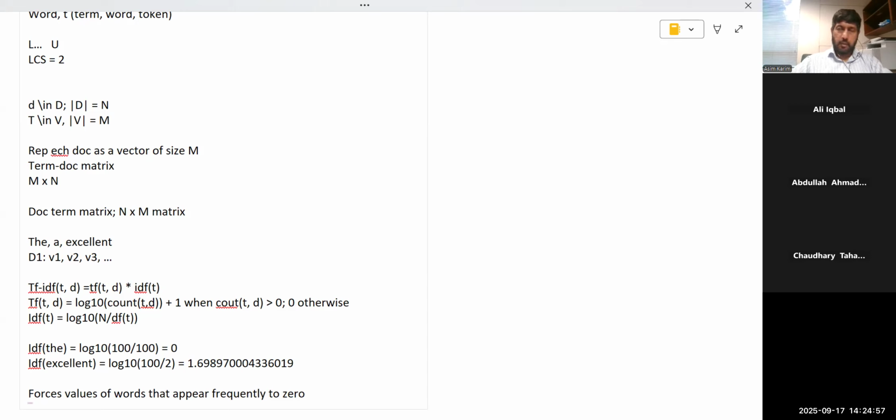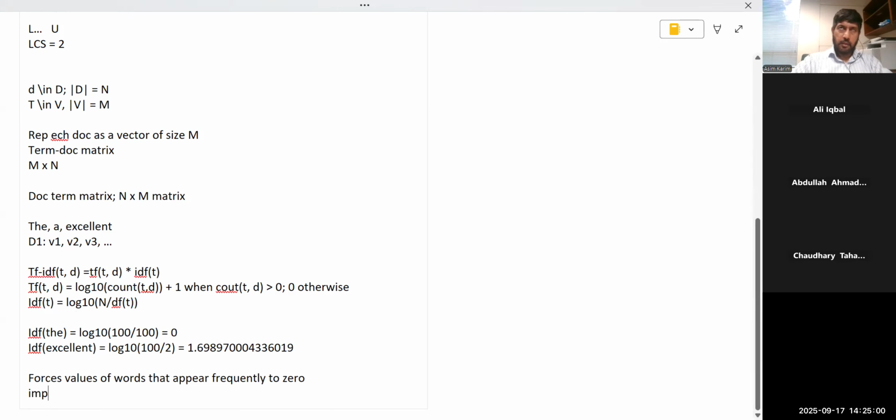So implicitly we are kind of removing those features or words in our analysis. So it's an automatic way of reducing the impact of words that are not relevant and kind of removing them from our analysis.